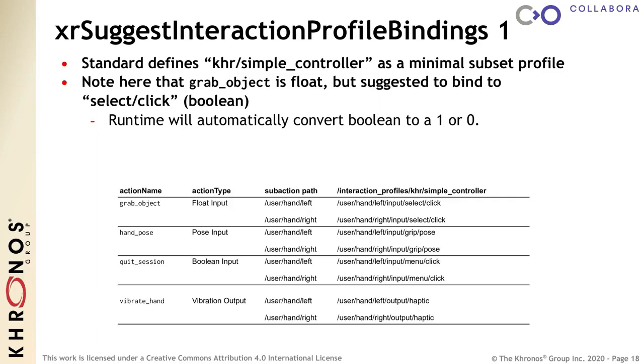It only has on or off. It has a click. So we're binding grab object, which is a float input, to user hand left input select click, which is Boolean. This is fine. The runtime will automatically convert that Boolean value to a float 1 or 0. There are conversion rules that are described in the specification for these common simple cases.